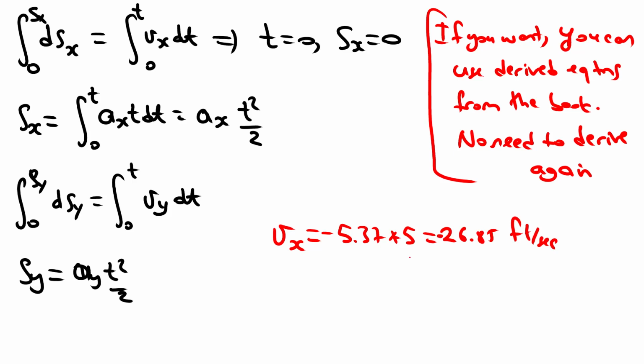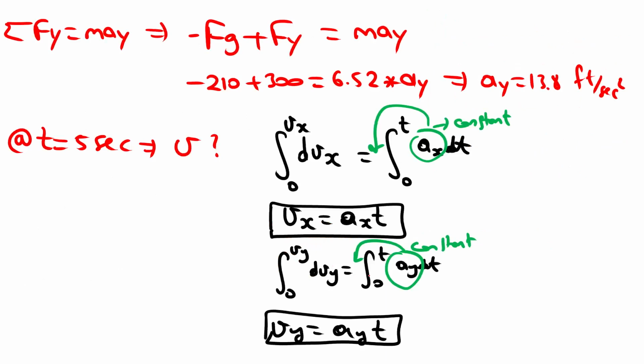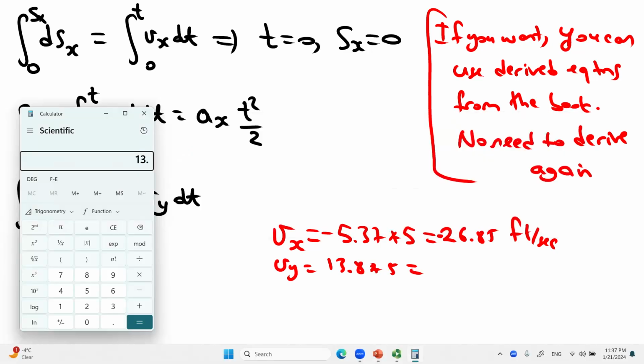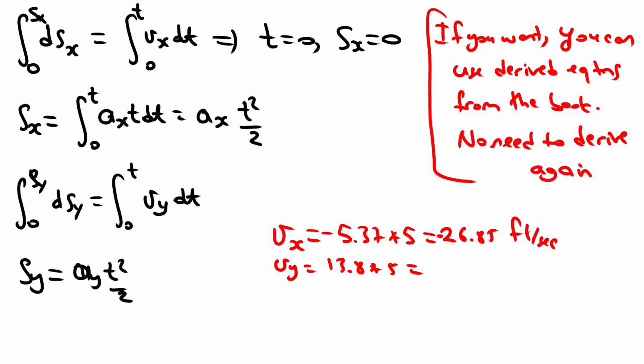That will of course be negative. And then vy will be equal to, ay is 13.8 times 5, and that will be 69 feet per second.